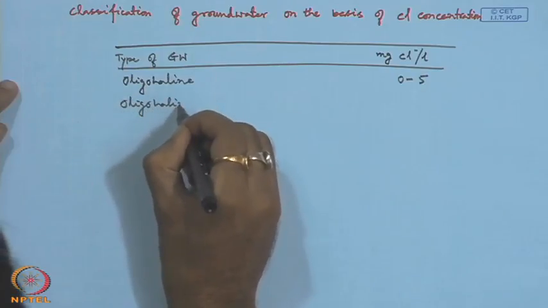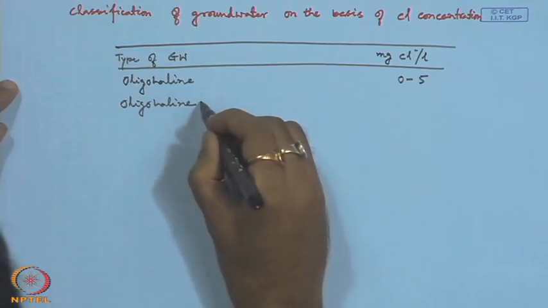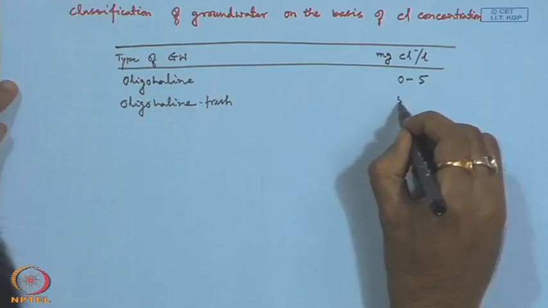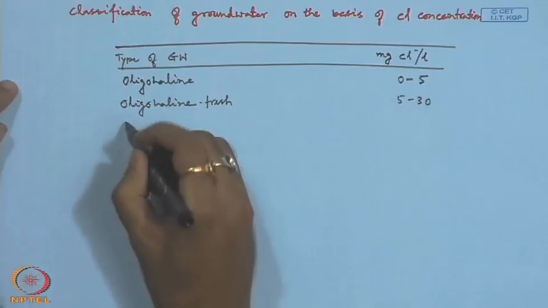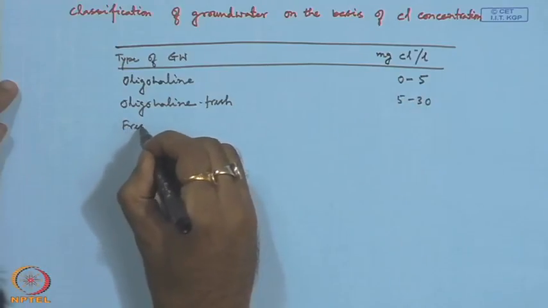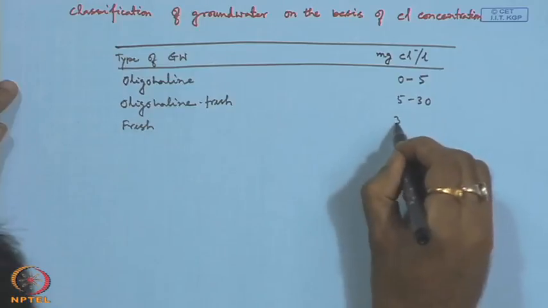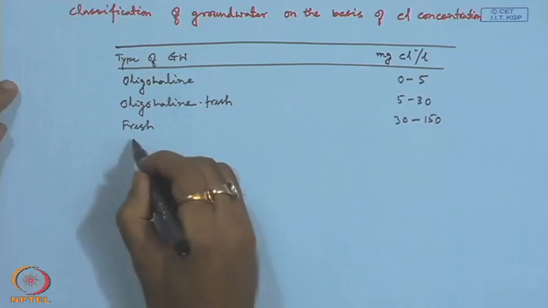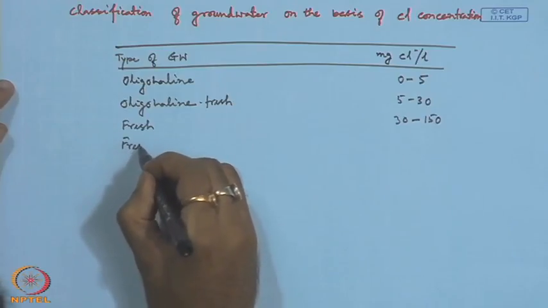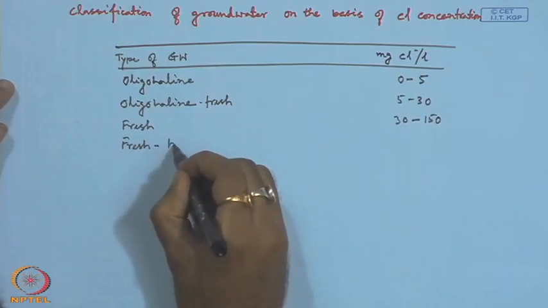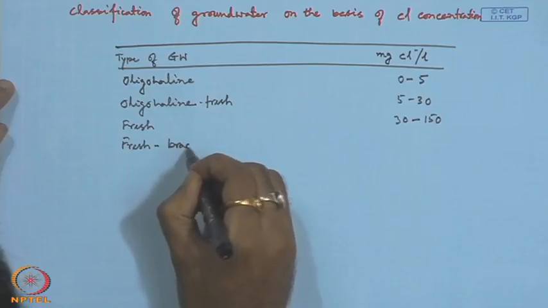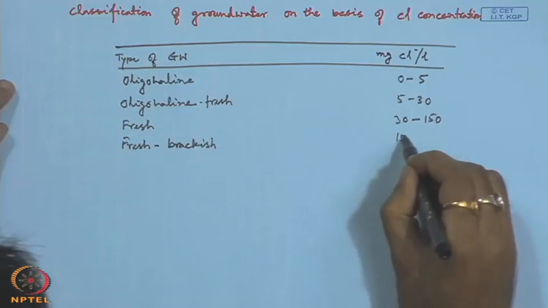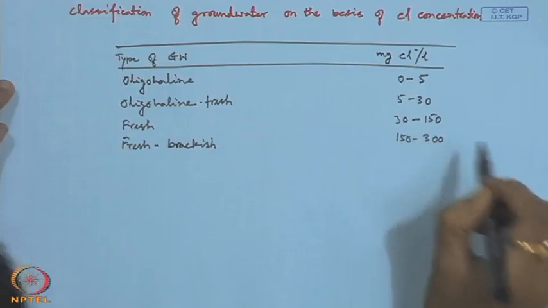Then fresh, 5 to 30, then fresh, 30 to 150, brackish, that is 150 to 300.